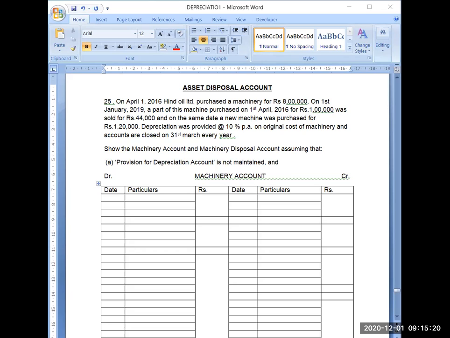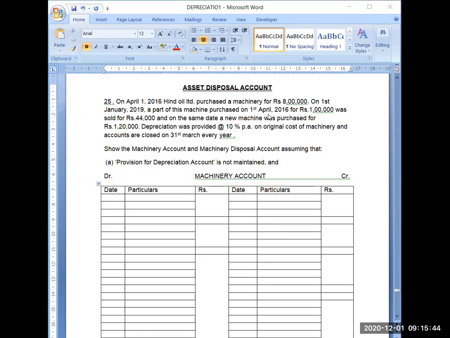Okay, so now see this question. On 1st April 2016, Hind Oil Limited purchased a machinery for rupees 8 lakh. On 1st January 2019, a part of this machine purchased on 1st April 16 for rupees 1 lakh was sold for rupees 44,000.